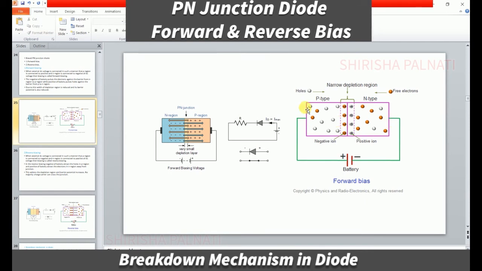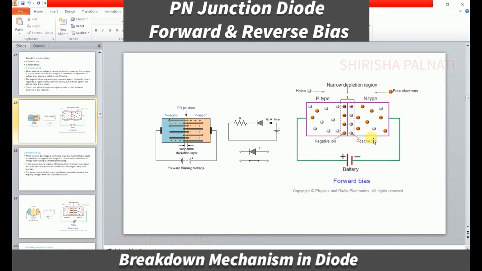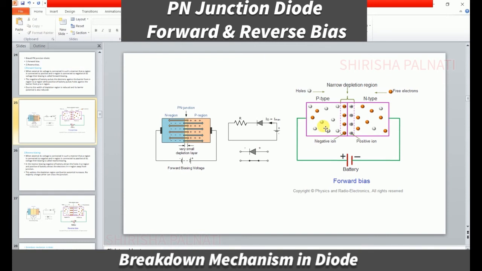So P type has majority charge carrier holes and N type has majority charge carrier electrons. The holes are positive charge carriers and the electrons are negative charge carriers.